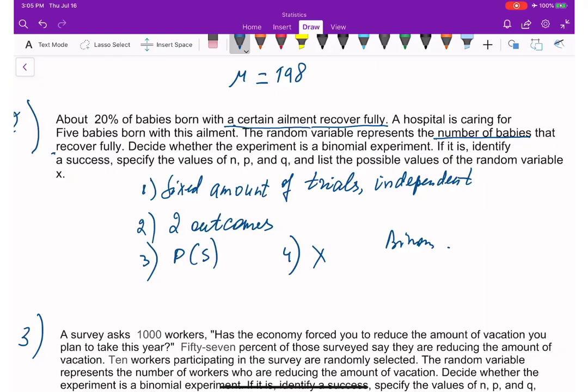Okay, so 20% is the probability of success, right? It's our 20%. Okay, the hospital is caring for 5 babies, so this is the p we found. Now our n is going to be 5, right? Caring for 5 babies.